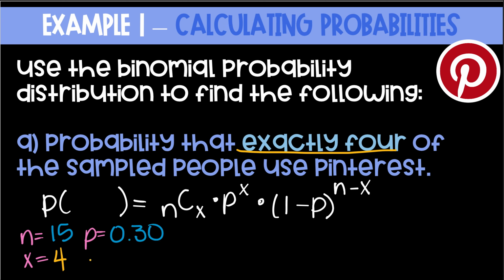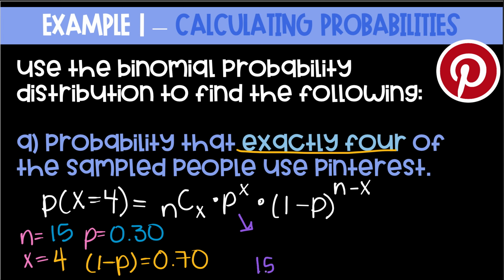My probability of failure was 1 minus p, which was 0.70. I'm looking for the probability of x equal to exactly 4. So after I substitute, this is what I'm going to be computing. 15 combination 4: how many ways can I draw 4 people out of 15, or how many different groups can I grab 4 out of 15?